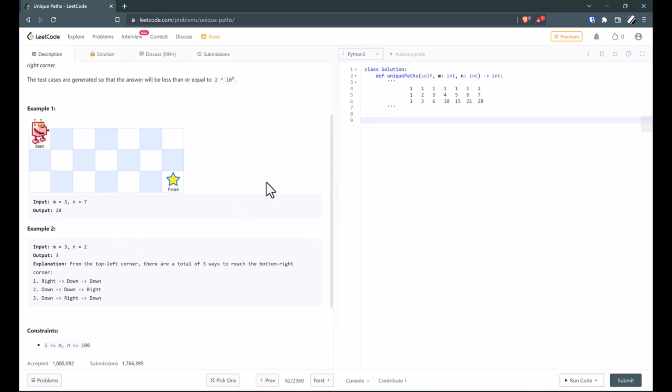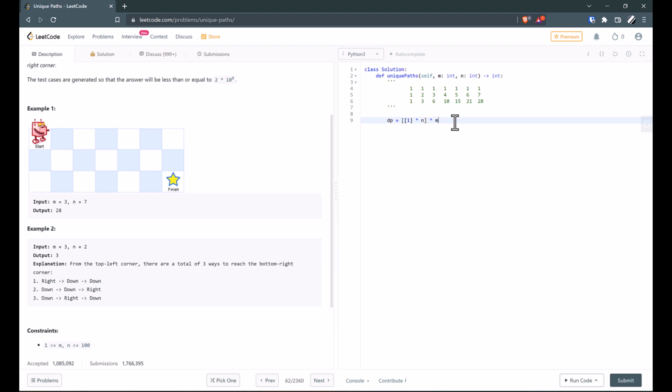For this, what we would like to do is create an array and initialize it with 1. The number of rows we want is the same, followed by the number of columns. I have made a mistake: it should be n columns first, followed by m rows.